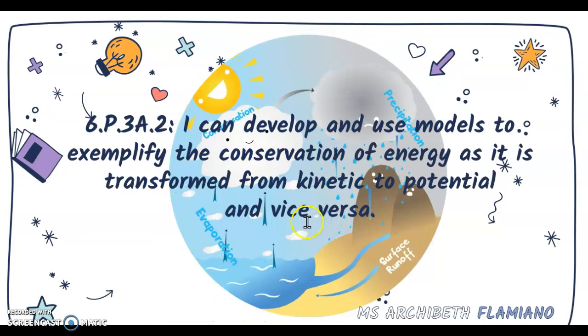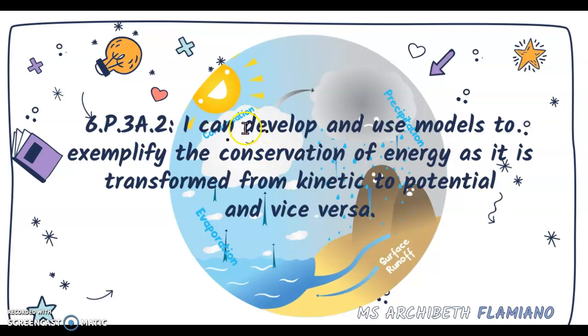For today's standard, 6P38.2, I can develop and use models to exemplify the conservation of energy as it is transformed from kinetic to potential and vice versa. You say vice versa, the opposite of kinetic to potential, and that is potential to kinetic energy.